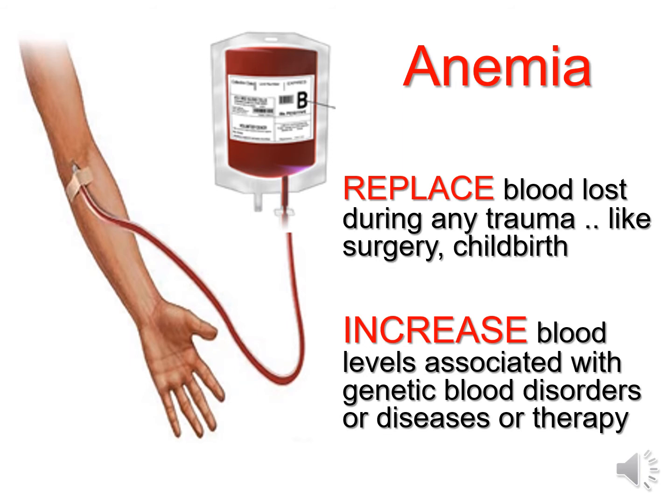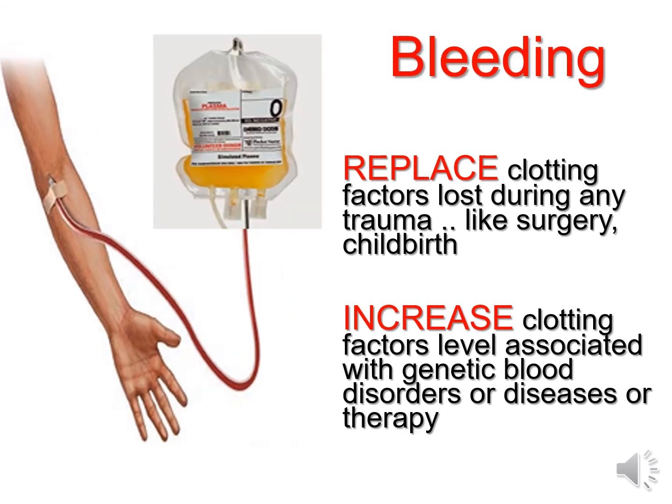It's to increase blood levels associated with genetic blood disorders or diseases, or as therapy. If you're bleeding, it's to replace clotting factors lost during any trauma again, like surgery or childbirth. And it's to increase clotting factors, the levels associated with genetic disorders, diseases, or as a therapy.